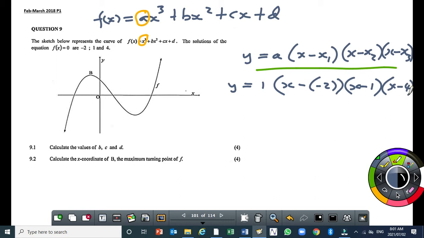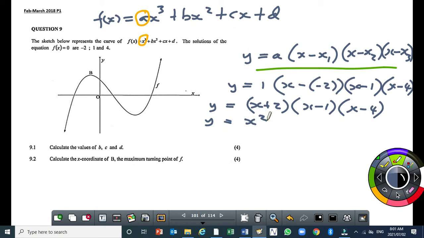So this becomes y equals, this becomes a plus, so we end up having x plus 2 times x minus 1 times x minus 4. The objective is for me to remove the brackets until I get an equation of the form ax cubed plus bx squared plus cx plus d. Then I can identify the values of b, c, and d. So let's use FOIL here. x times x gives me x squared. x times minus 1 gives me minus x.